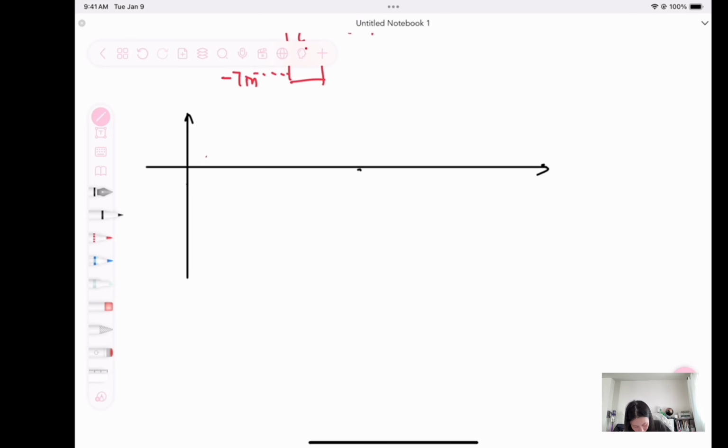We know that it starts at -1 when the time started. And then after pi time, this is going to be -7 at pi. So that means the graph is going down to here.